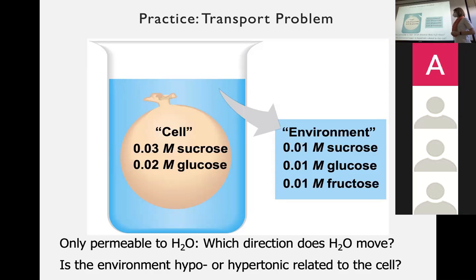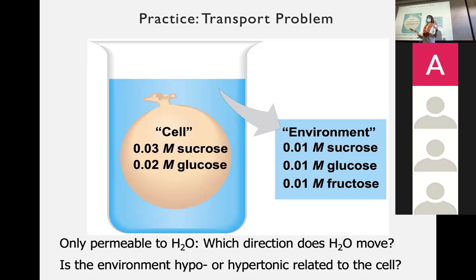Does anyone have a guess as to where water will move? Will it move into or out of the cell? Into, yeah, exactly. For those of you who are like, what? I don't understand, all you have to do is add up the concentrations. So you have 0.03 and 0.02. It doesn't matter that they're different solutes.